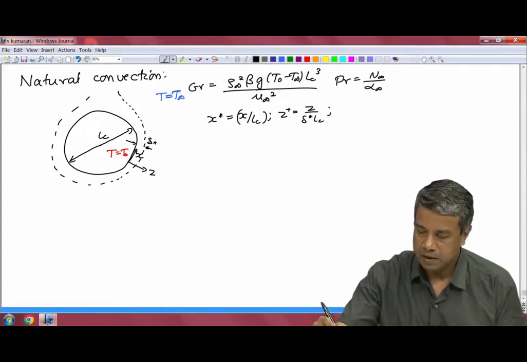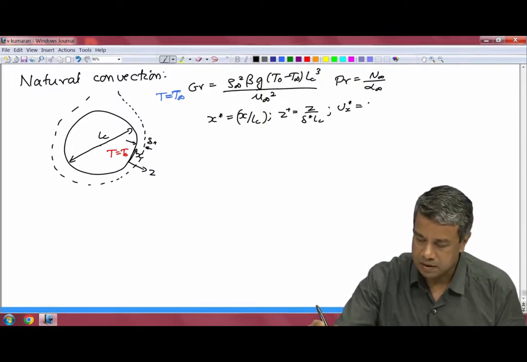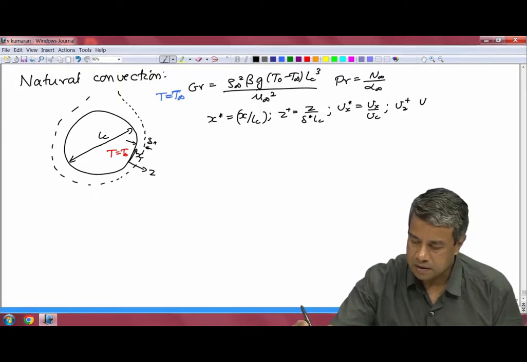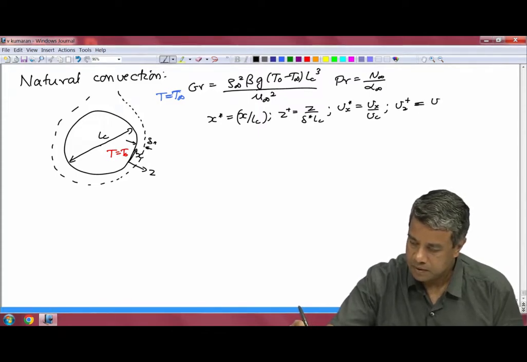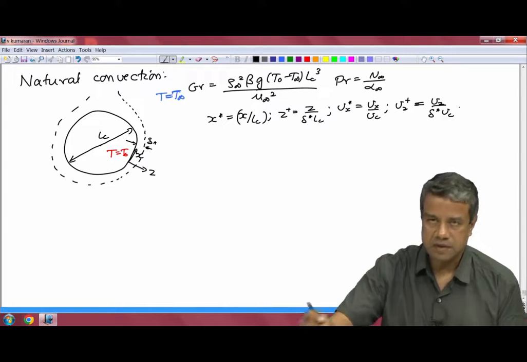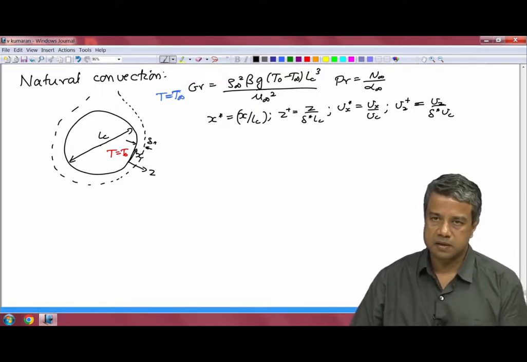The streamwise velocity was scaled by the characteristic velocity. The cross stream velocity was scaled by delta times the characteristic velocity, because from the mass conservation equation, partial Vx by partial x plus partial Vz by partial z has to be equal to 0.